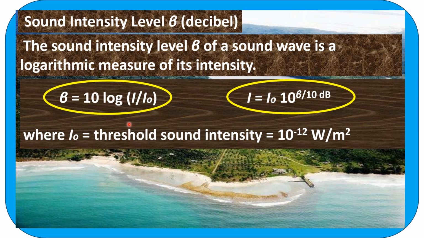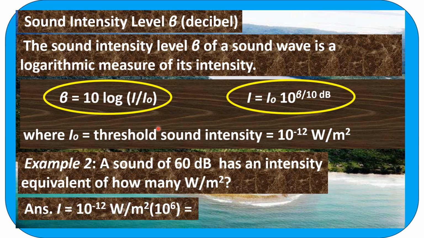Our second example: we have a sound whose intensity level is 60 decibels, and we are asked to find its intensity equivalent in watts per meter squared. For this kind of question, we will just use the second equation. I equals I naught multiplied by 10 raised to the power beta divided by 10 decibels.